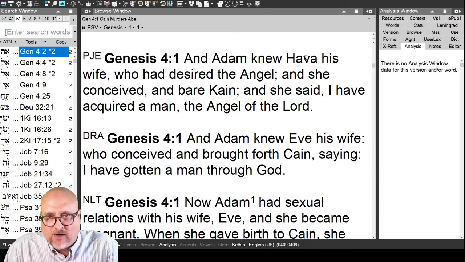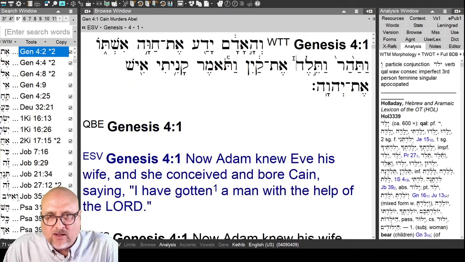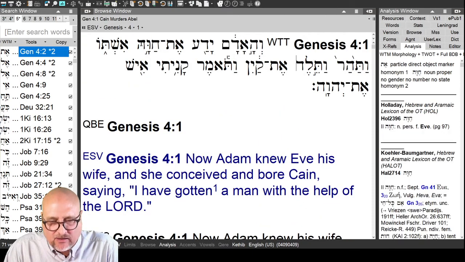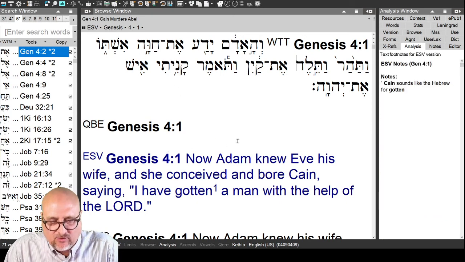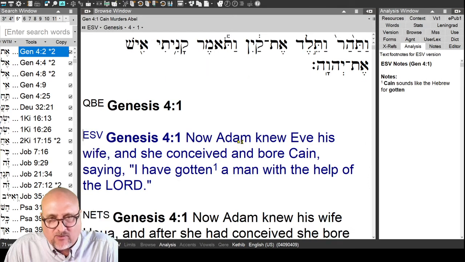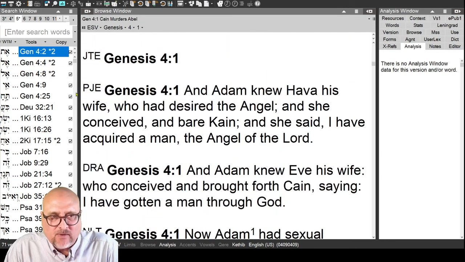Adam knew Hava, his wife. So see, they're just transliterating that life. In Greek, she's Zoe, Adam and Zoe, but Pseudo-Jonathan does, Adam knew Hava, his wife, who desired the angel.